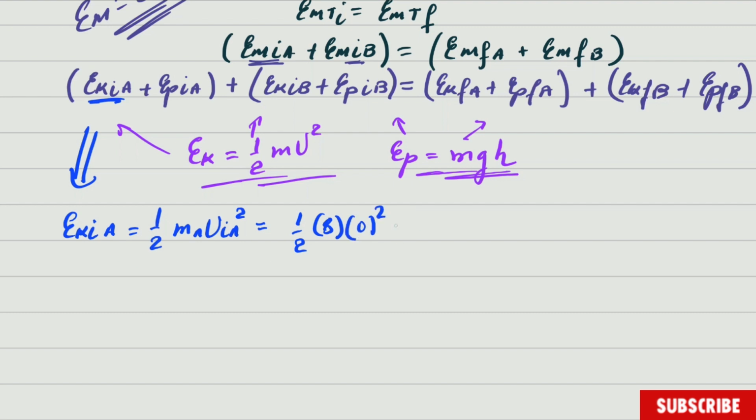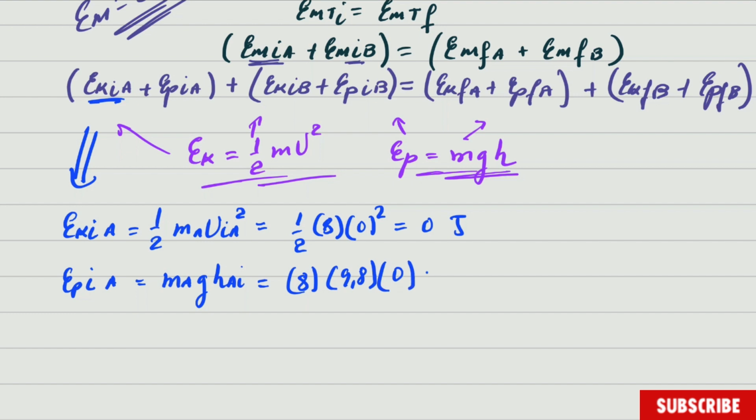Therefore, the kinetic energy initial for A is 0. Now, potential energy initial for A is equal to mass A, acceleration due to gravity, height A. This is equal to 8, acceleration due to gravity 9,8 multiplied by initial height A. We're talking about initial height A. That one is 0 because it was on the ground.